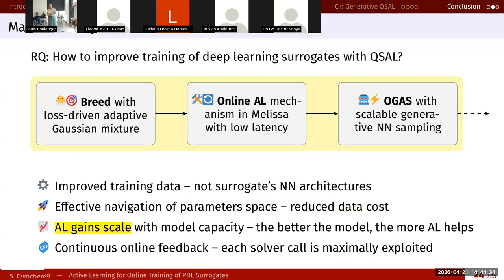We also see that the benefits that come from the active learning are dependent on the model capacity, as we've seen from the results on the previous slide. The better the model, the more active learning can help it, since the model with bigger capacity or sufficient capacity for the given task can better learn the uncertainty in the data.